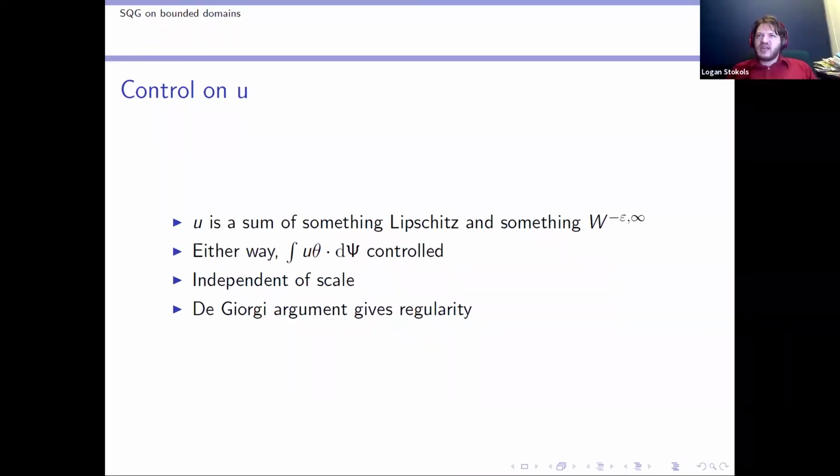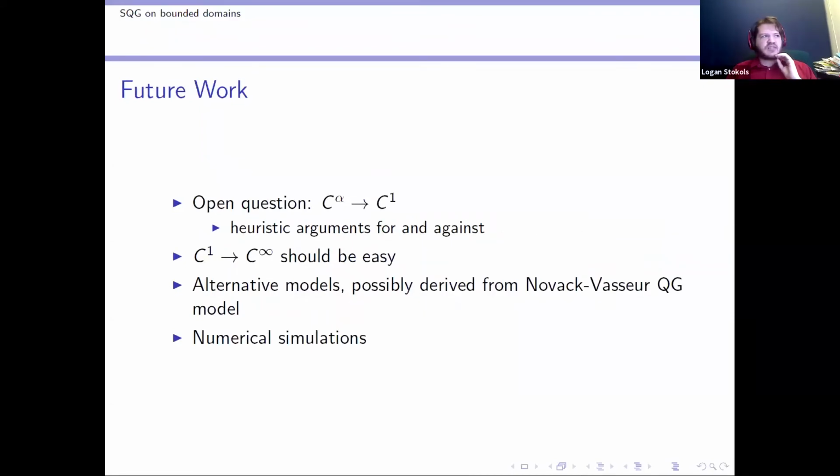It's controlled independent of scale because this control you have on U is all L infinity norms of different quantities. There's a small issue of how the projections change when you zoom in, but you can deal with that. And then with the De Giorgi argument and the localized Caccioppoli inequality, you get continuity up to and including the boundary. So that's everything about the proof.